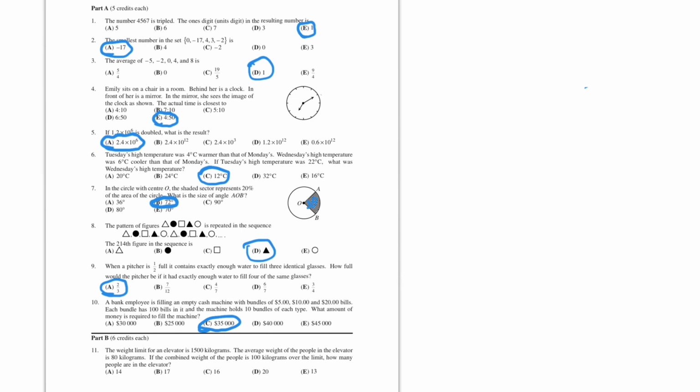Number 11. The weight limit for an elevator is 1,500 kilograms. The average weight of the people in the elevator is 80 kilograms. If the combined weight of the people is 100 kilograms over the limit, how many people are in the elevator?